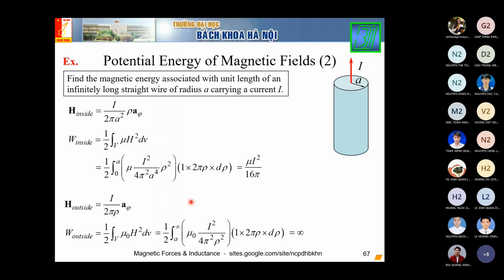If you remember that this is an infinitely long cylinder, you can think that this result is reasonable, because this cylinder is very long, so the energy it creates is extremely large.